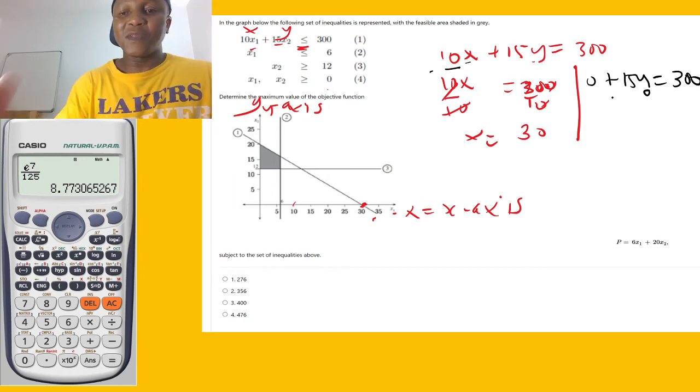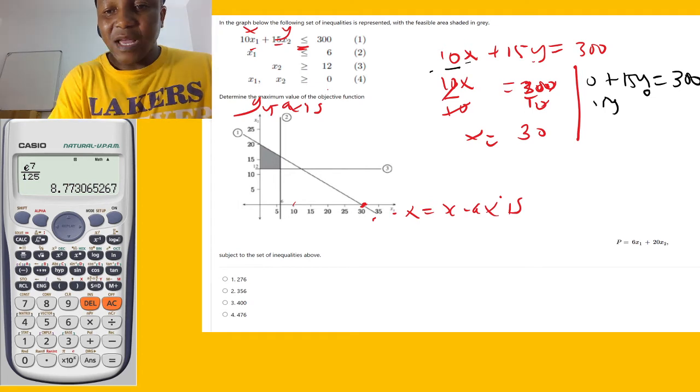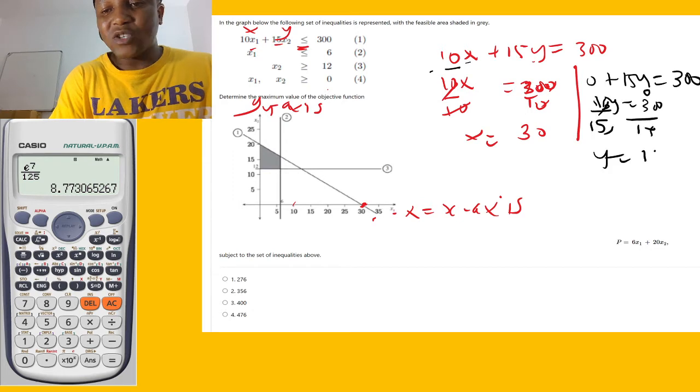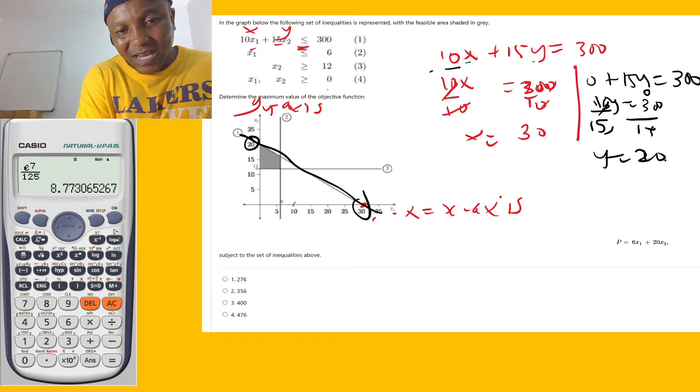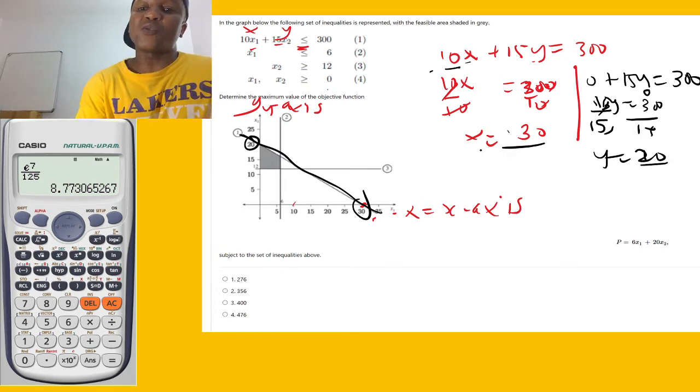Okay, so that's the same as saying 15y equals 300, divided by 15 to get y. This is the concept, y equals 20. That's why this line cuts at 20 and cuts at 30, 20 and 30, because these are intercepts.